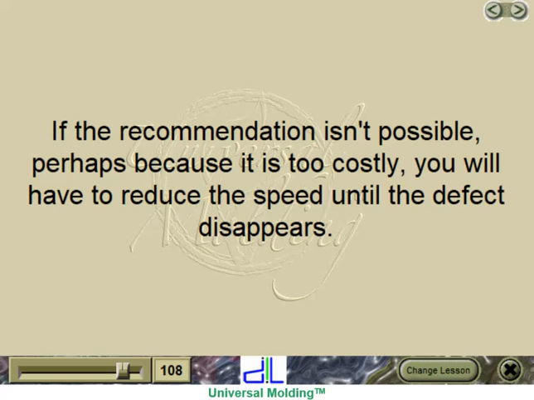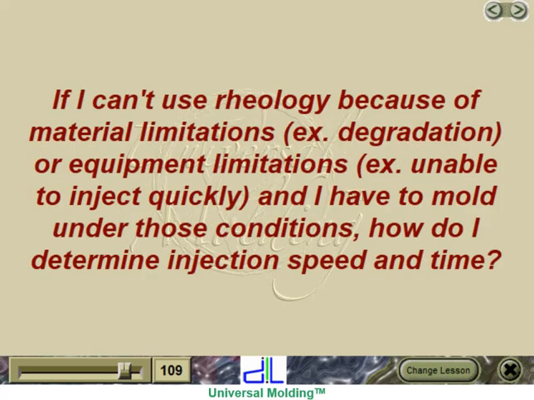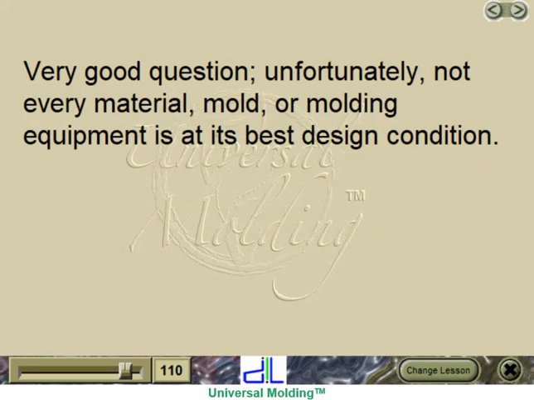If I can't use Rheology because of material limitations, for example degradation, or equipment limitations, for example unable to inject quickly, and I have to mold under those conditions, how do I determine injection speed and time? Very good question. Unfortunately, not every material, mold, or molding equipment is at its best design condition.